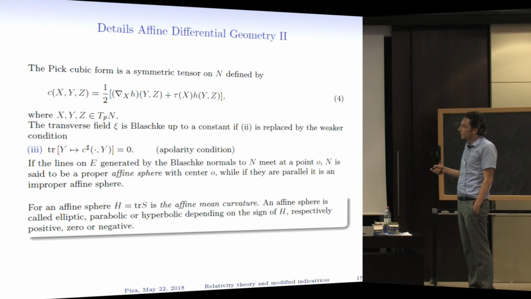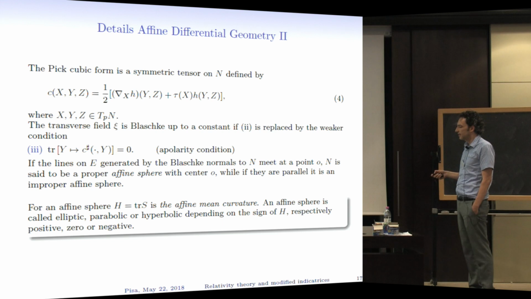If we introduce, using those ingredients, this object, which is the Pick cubic form, we notice we use the affine metric, connection, one-form. Actually, the second condition can be replaced, and the transverse field is Blaschke if the second condition is replaced by the tracelessness of this cubic form.